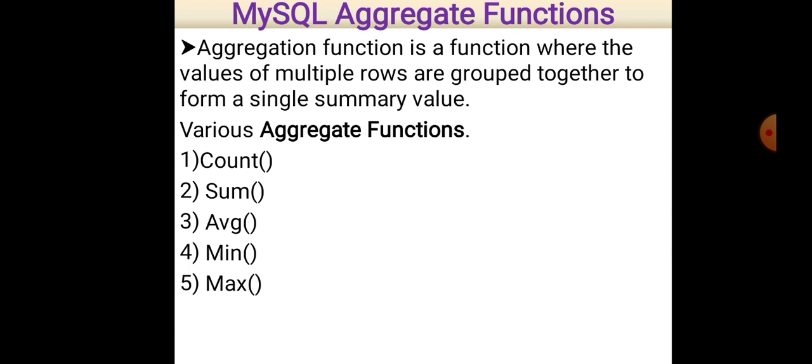Basically, aggregate functions mean where the values of multiple rows are grouped together to form a single summary value. That is the most important point. An aggregate function is a function where multiple rows are grouped together to form a single summary value.